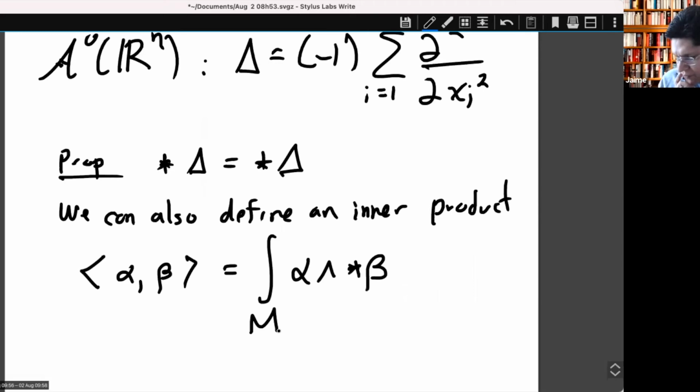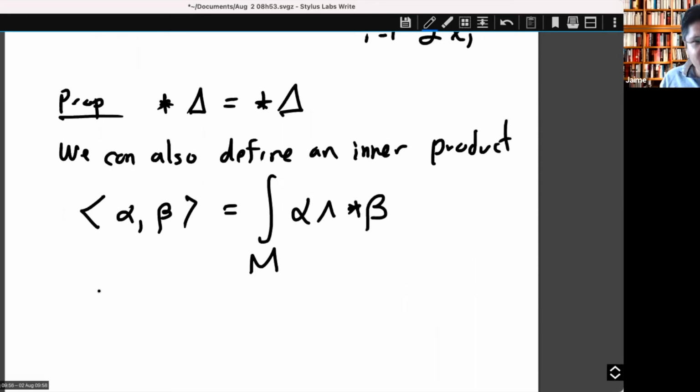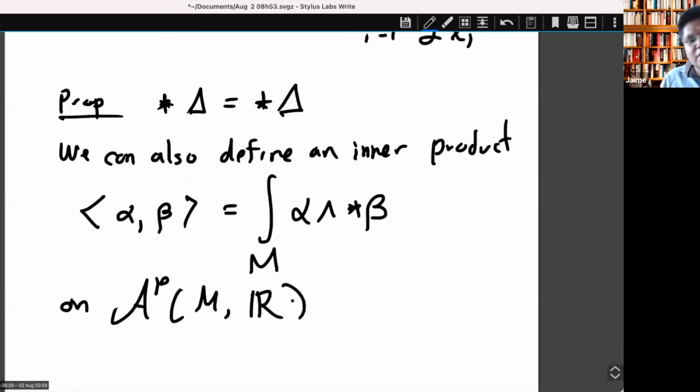So this is an inner product on AP of Rn. Do we agree? The star operator takes a P form to an N minus P form, so everything is fine.